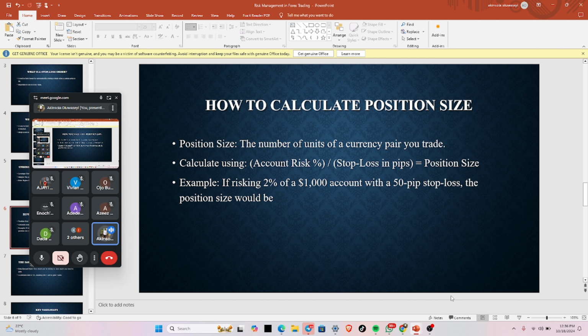For you to calculate the position size, that is the lot size you want to use, take my example here. If risking 2% of a $1,000 account with a 50 pip stop loss, the position size will be what? Now, 2% of $1,000 is $20, over 50 pips.